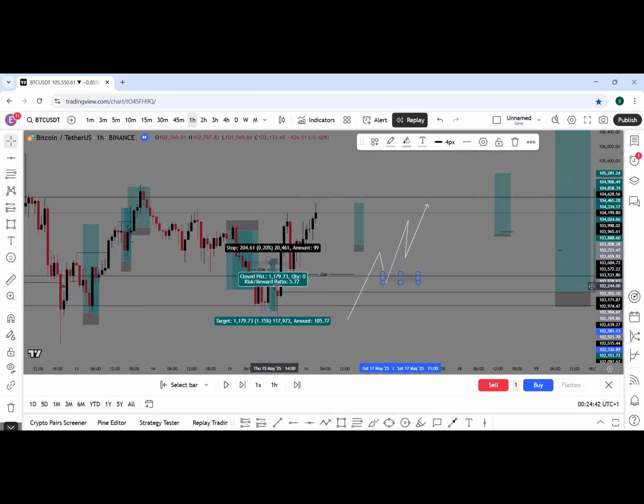So here now, this is another block and this is a breaker. So price used the breaker to form an inducement for this other block here.